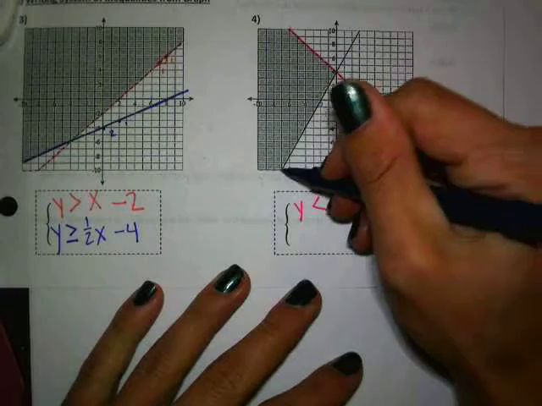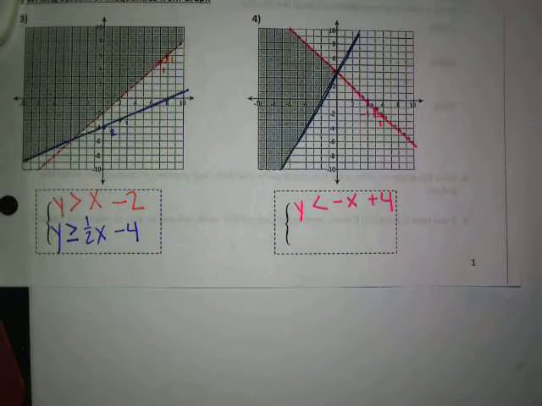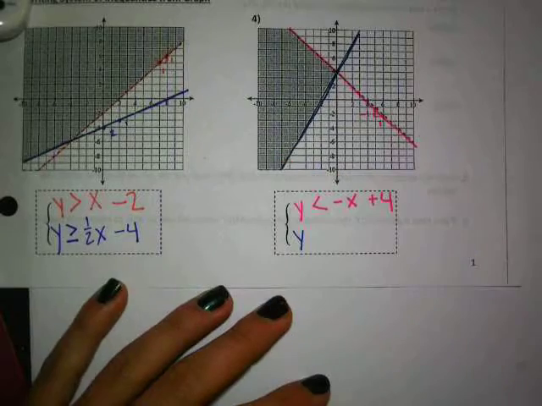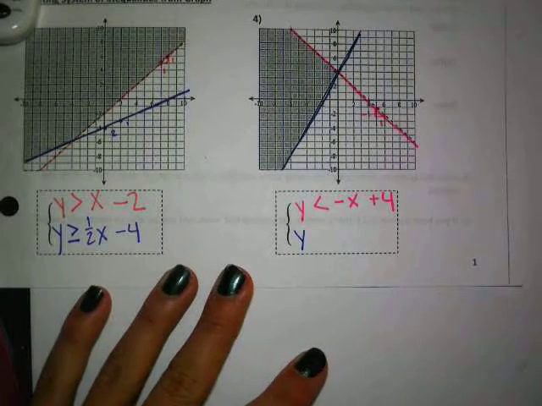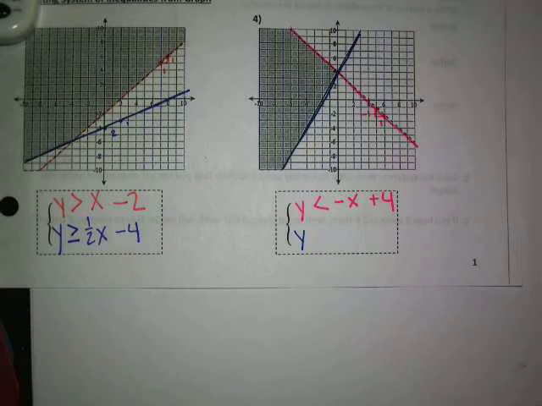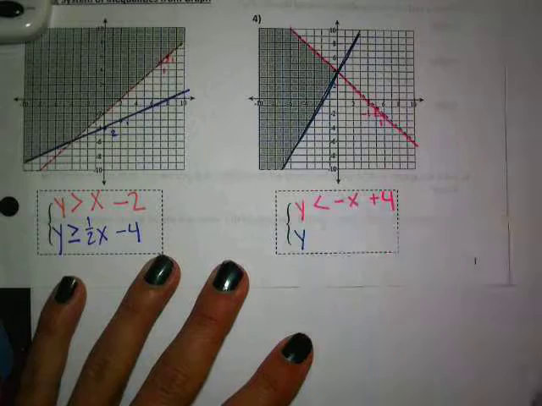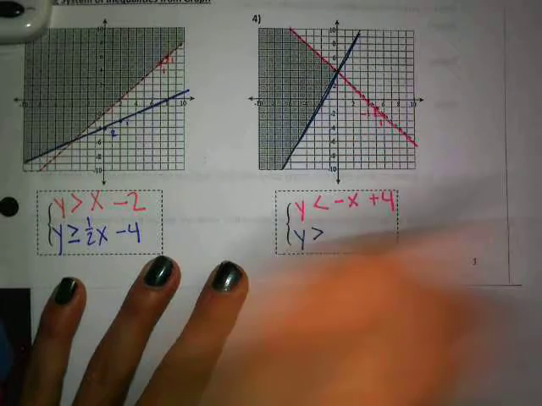All right, and then for the solid line, let's see who's going to help me do that one. Brianna, it's 4 down. Are you shading above or below? On this blue one, above, so it's greater than. Do you have the little line underneath?